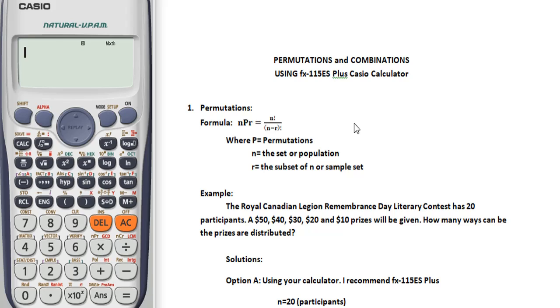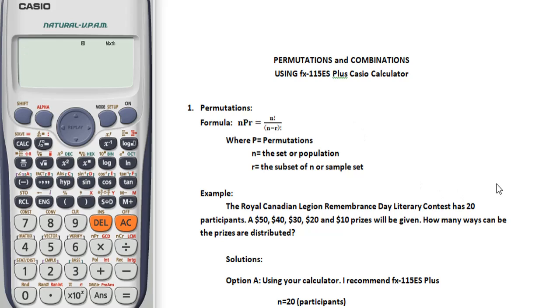For example, the Royal Canadian Legion Remembrance Day Literary Contest has 20 participants. $50, $40, $30, $20, and $10 prizes will be given. How many ways can the prizes be distributed?